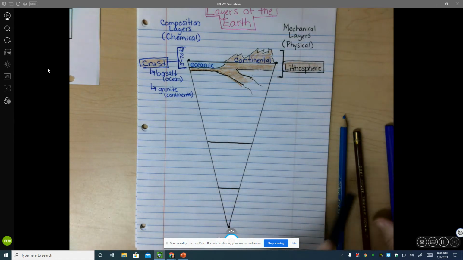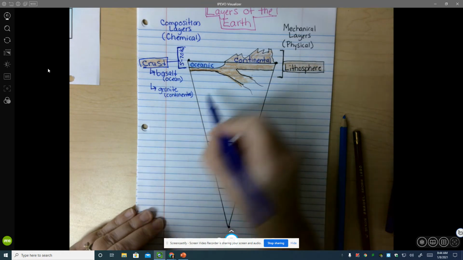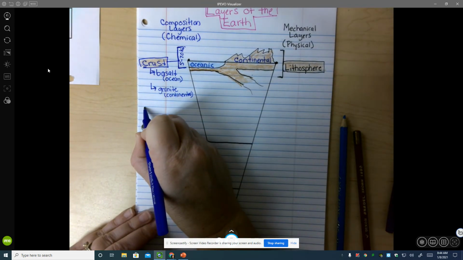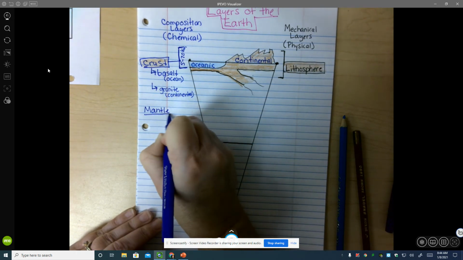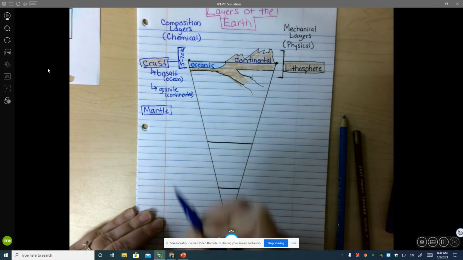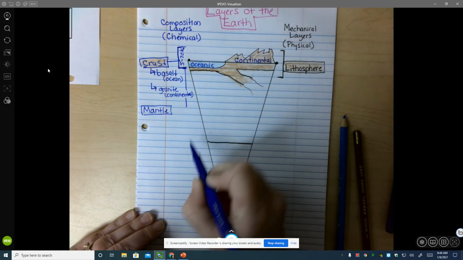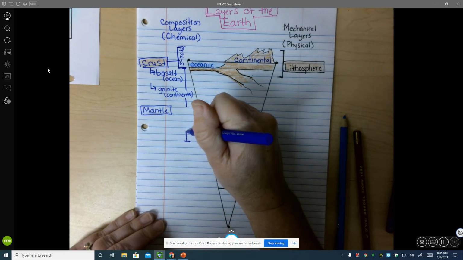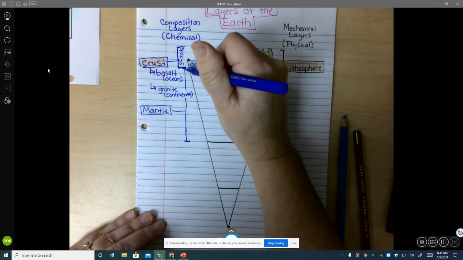And so the next label from the crust would be this section here, which is called the mantle. So write mantle. And the mantle extends all the way from the bottom of the crust through about right here. Okay? I'll just do that.